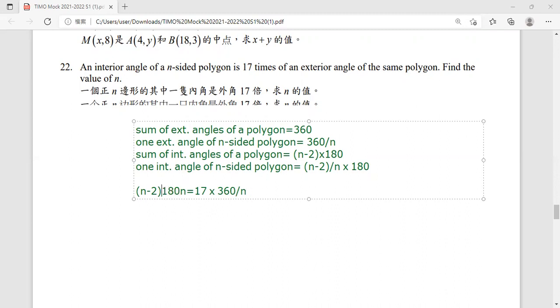Oops, should be... okay. Now, you just divide it by 160 over n, so n minus 2 equals 34, and n equals 6. So the answer is 36.